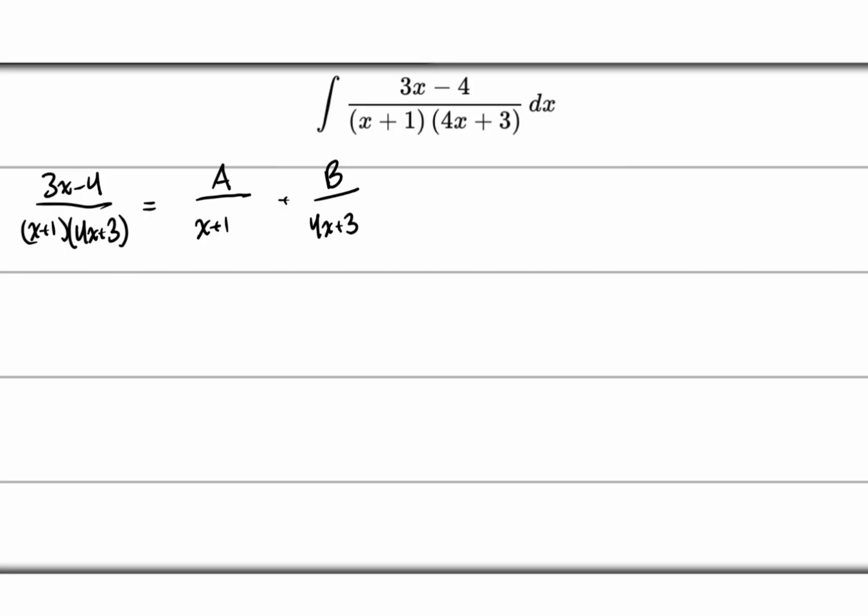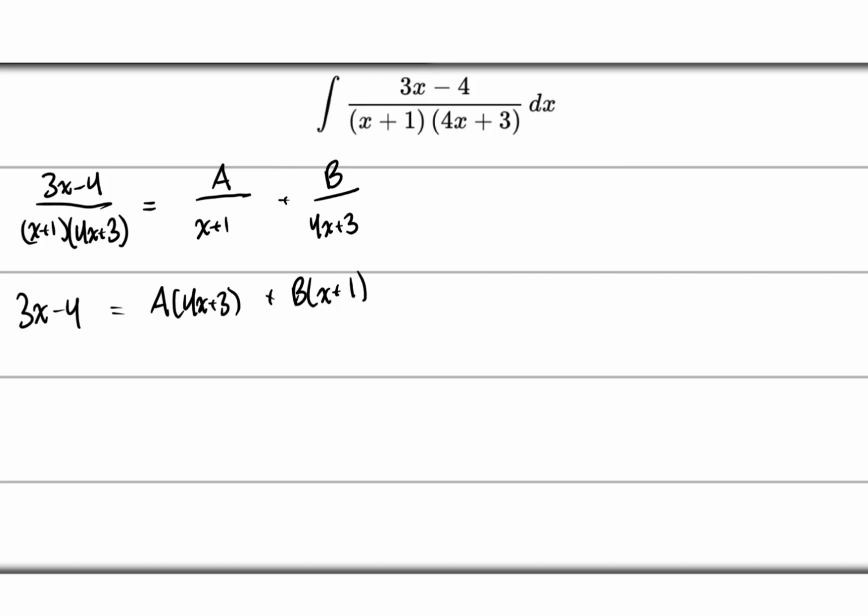Now let's get rid of the denominators by multiplying both sides by (x + 1)(4x + 3). And so the denominator cancels out on the left side, and we get 3x - 4 equals A(4x + 3) plus B(x + 1).